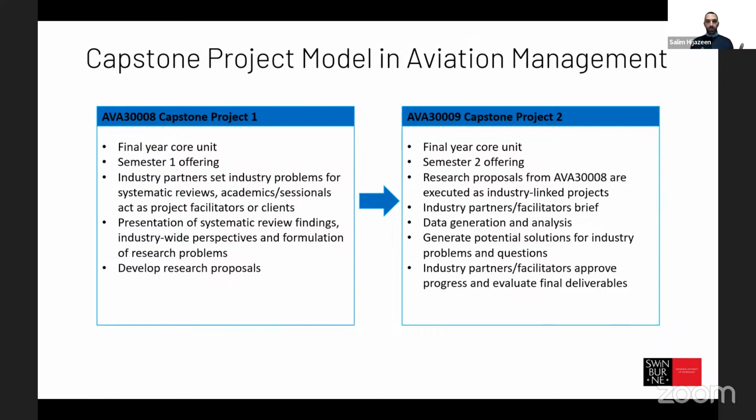The first part of the project is to understand, okay, what is the problem? What does the current academic literature say about it? What does the aviation industry say about it? And develop a proposal. So the proposal will include stuff like this is the client brief, this is the scope for the client brief. So you really have to understand what's in scope and out of scope.